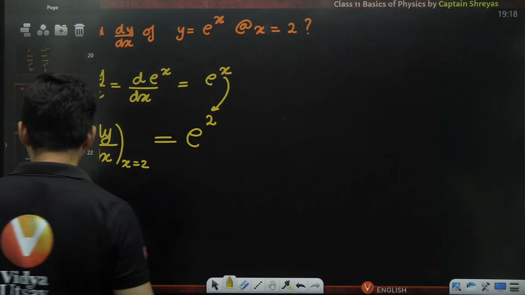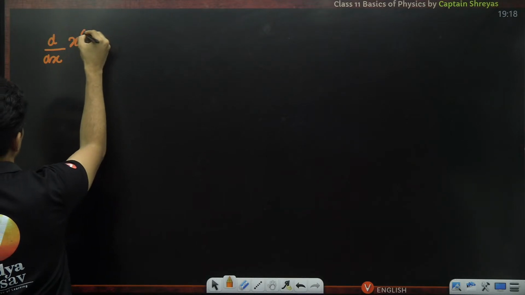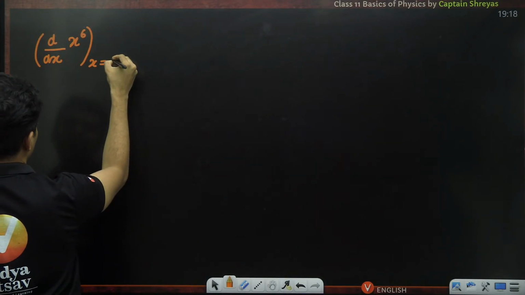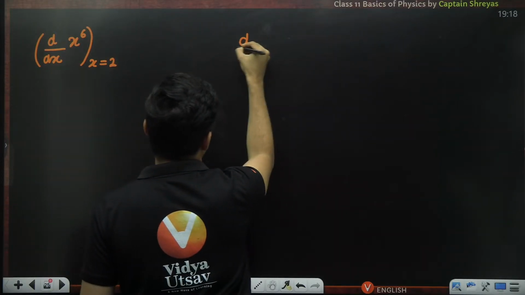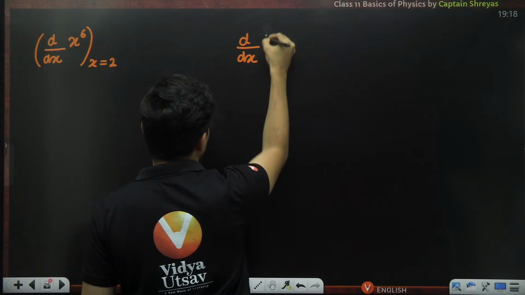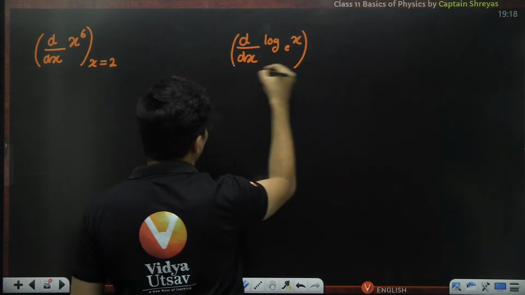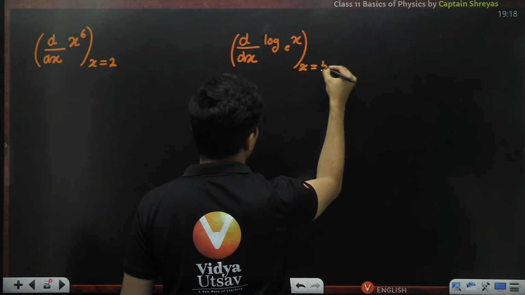Got it? Similarly, let's try to find some more derivatives, guys. Find d by dx of x raised to 6 at x equals to 2. This is one question. Find d by dx of log x to the base e at x equals to 5.